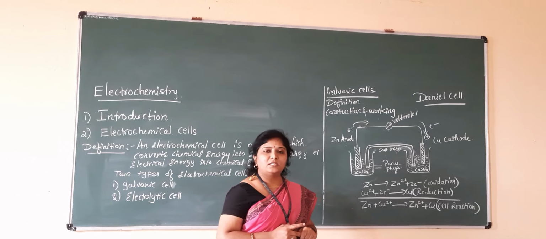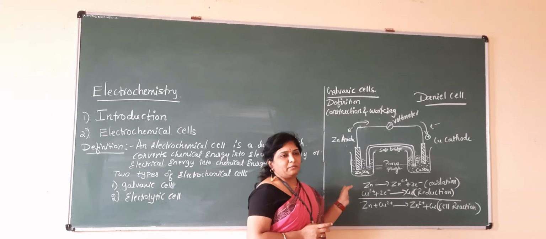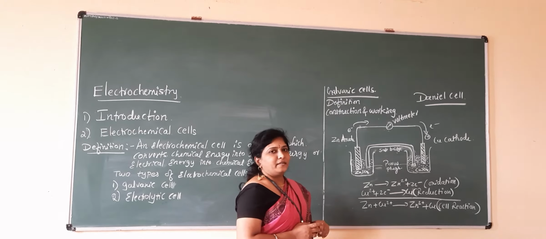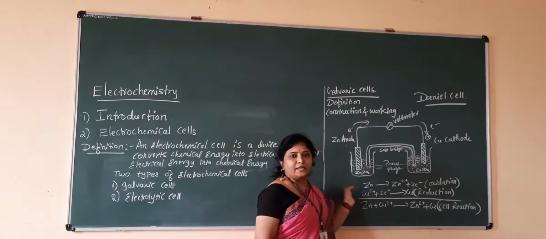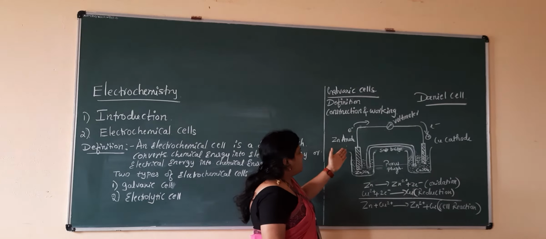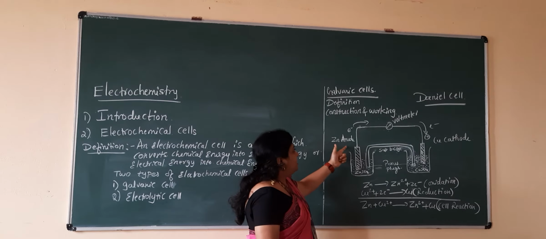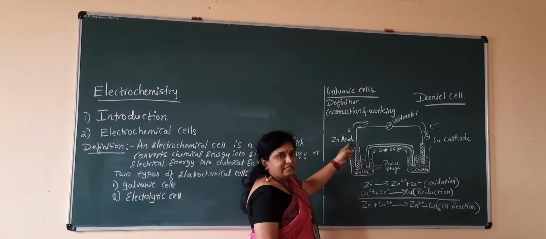Those are oxidation and reduction. Oxidation, as you know, is nothing but the loss of electrons, and reduction is nothing but the gain of electrons. And here, the electrode where oxidation takes place will get negative charge.